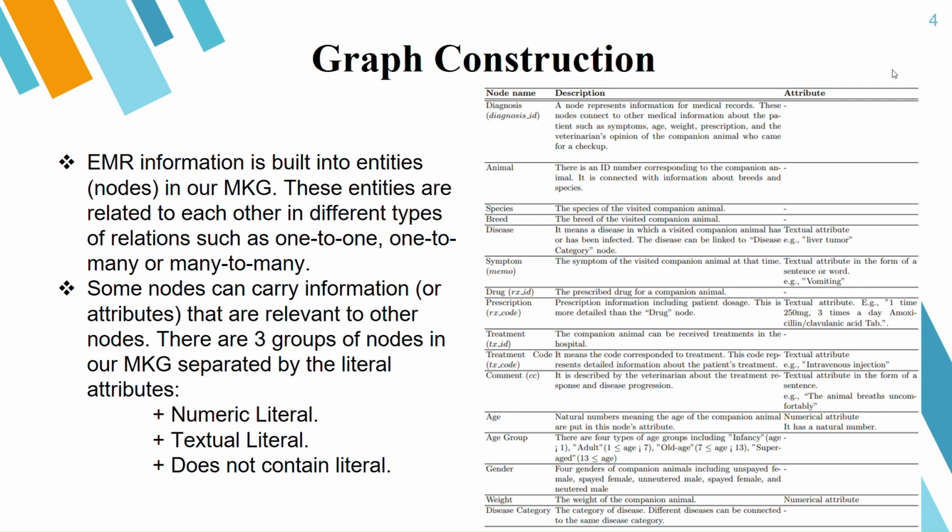So from the information of the disease, it can be similar to another disease. This means that if two diseases are similar, they will be close in the graph. And the last group does not contain literals.